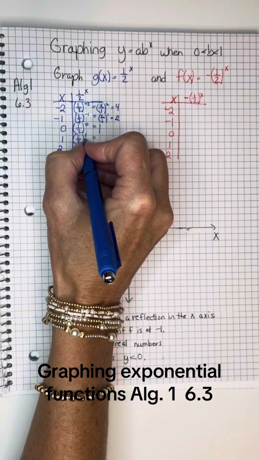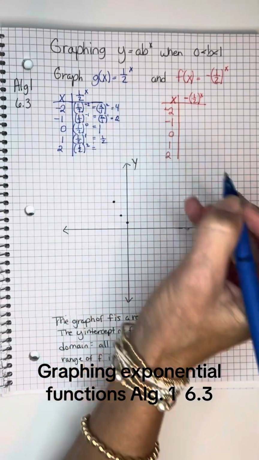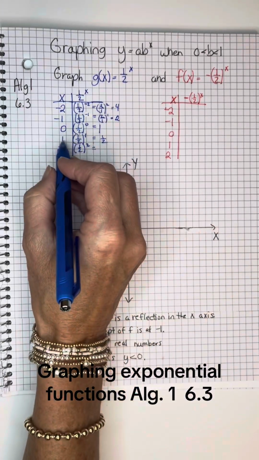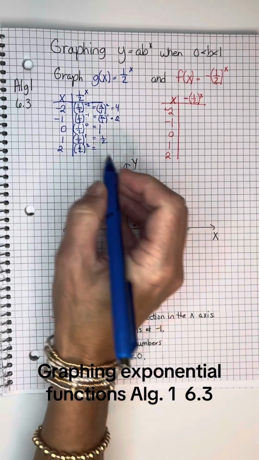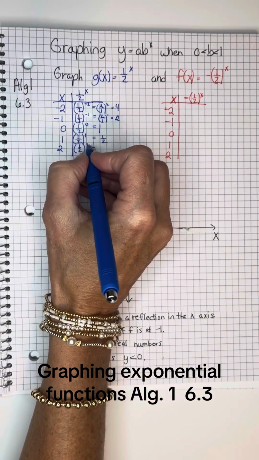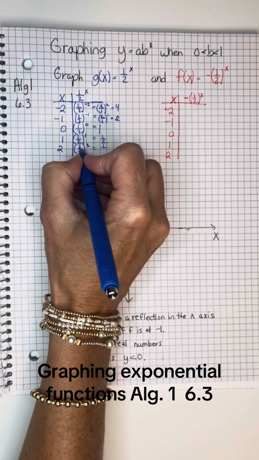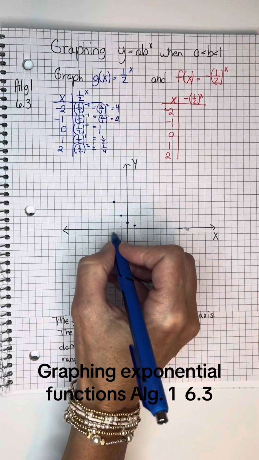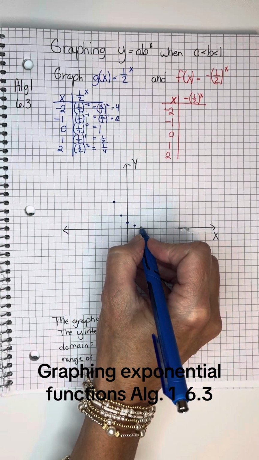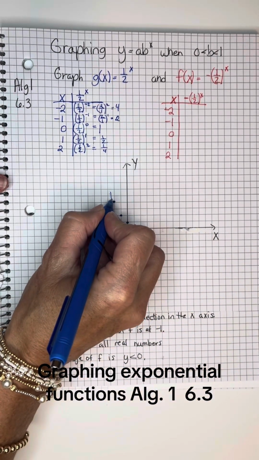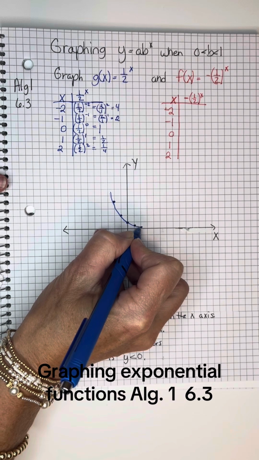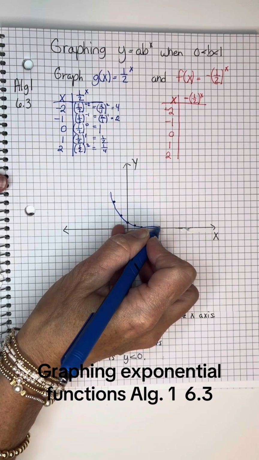And then 1/2 raised to the 1 is 1/2. So I'm going to go right 1 and up 1/2 here. And then 1/2 raised to the 2 means 1 squared is 1 and 2 squared is 4. So I'm going to go to 2, 1/4, which would be about here. So this is looking sort of like this.